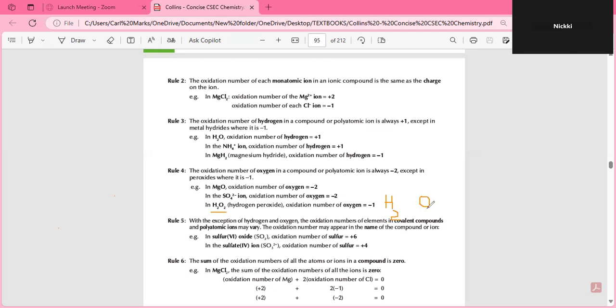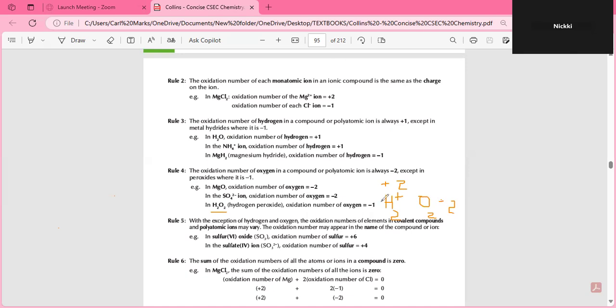Let me look at the charge on the hydrogen then. Hydrogen is normally positive, right? So this is going to be a +2 oxidation number, which means the 2 must add up to -2. So what would be the oxidation state for oxygen here?